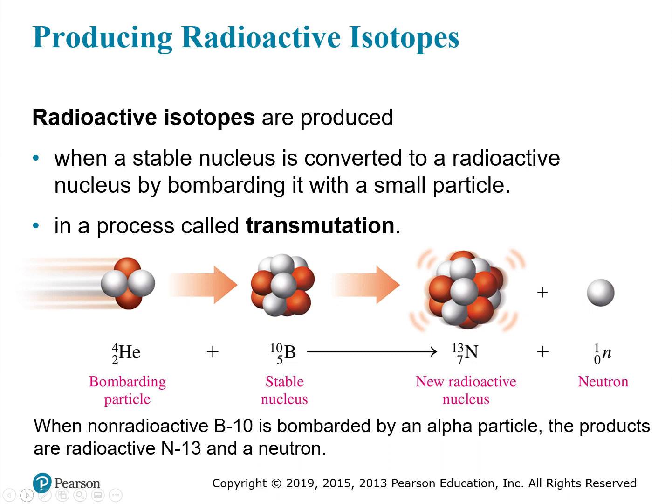The example that we have below, we've got boron, which is a non-radioactive isotope of boron. You bombard it with a helium particle, that's an alpha particle, and you create a new radioactive nucleus. You now have radioactive nitrogen, and you also have a neutron.